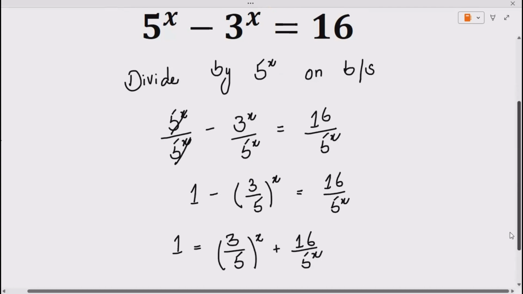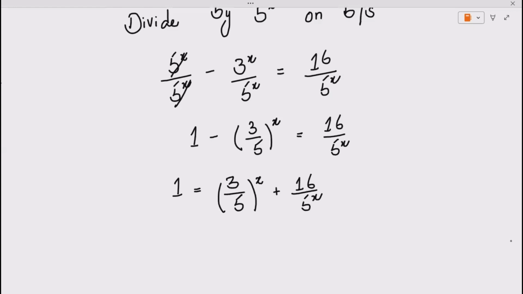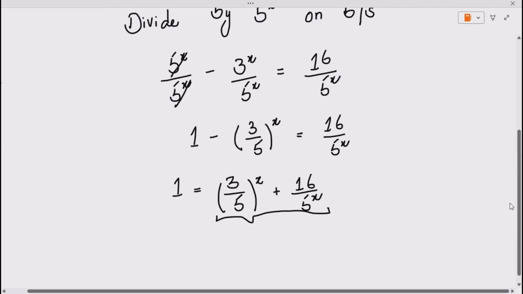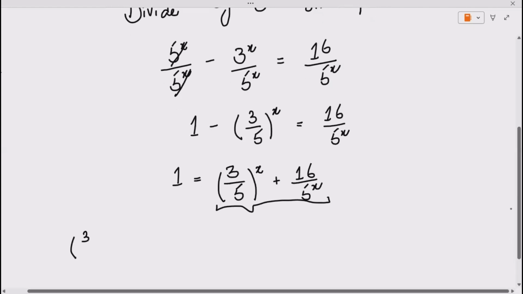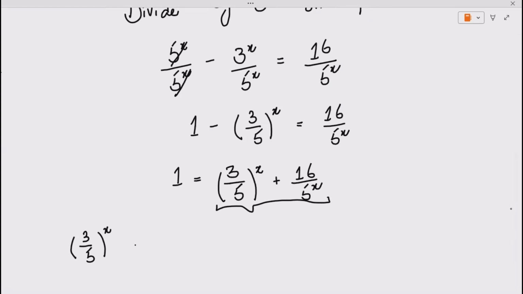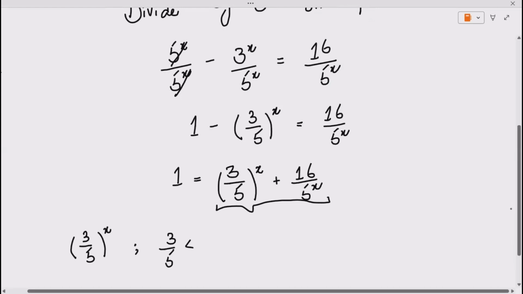Now we have to analyze these two terms, i.e. this right hand side. Here you can see that the first term is (3 upon 5) raised to the power x, right? Since we know that 3 upon 5 is less than 1.